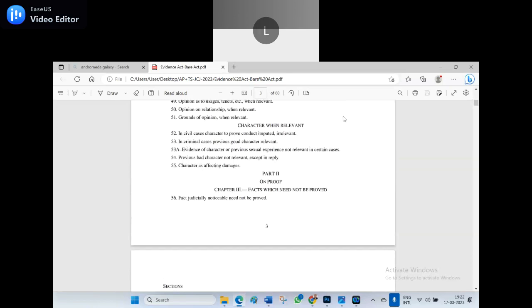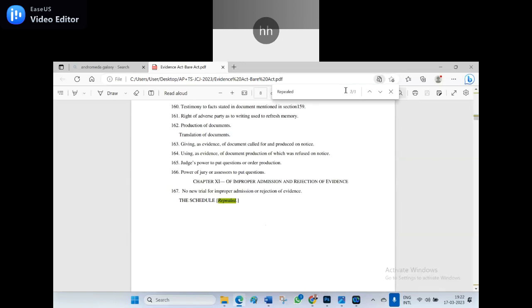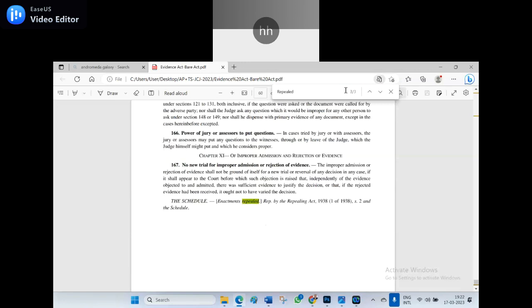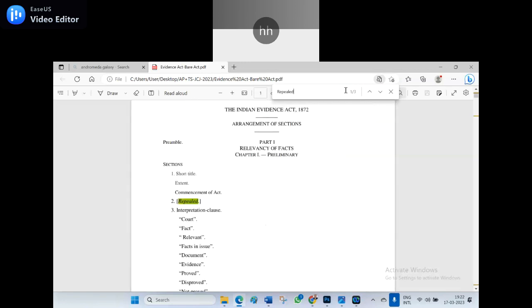Yeah. In the last class, I remember very well, only two sections are repealed. One is the schedule, and another is section 2. Only two sections are repealed in the Indian Evidence Act, 1872.